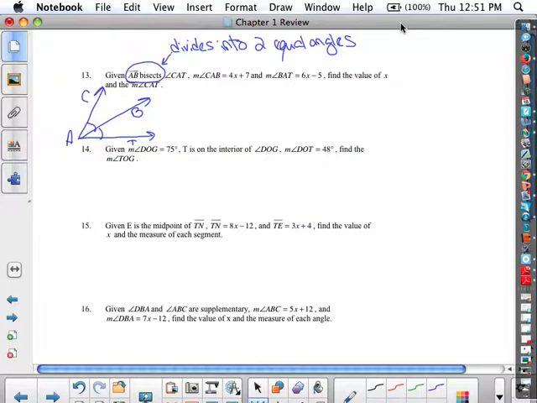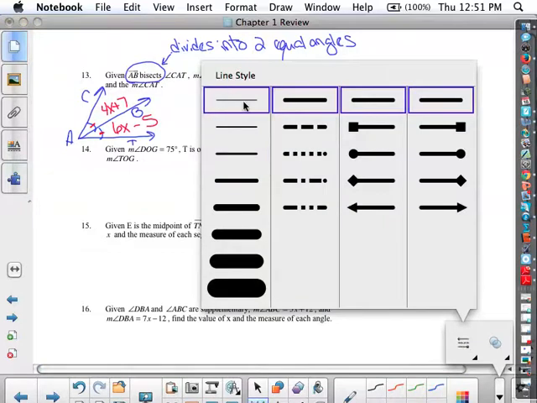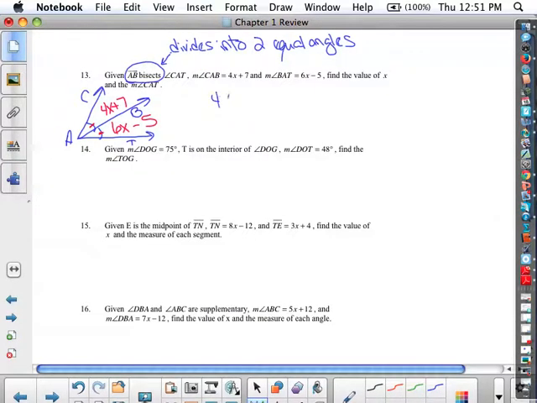Angle CAB is 4x plus 7. Angle BAT is 6x minus 5. Well, these markings tell you they're congruent, therefore their measures are equal, so you can set them equal to each other. 4x plus 7 is equal to 6x minus 5, and then solve for x.